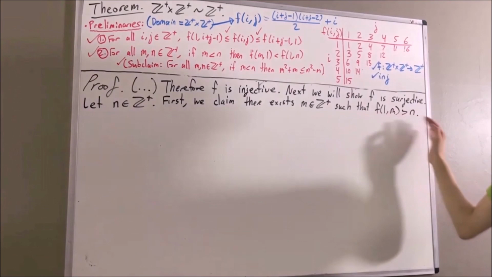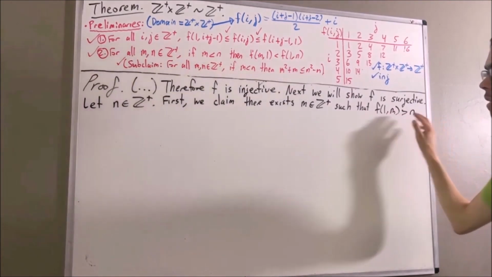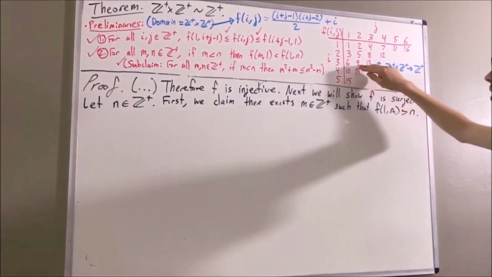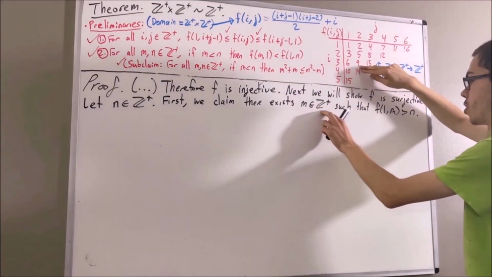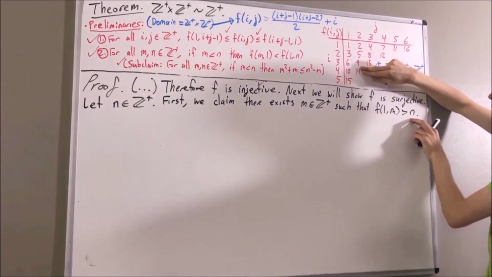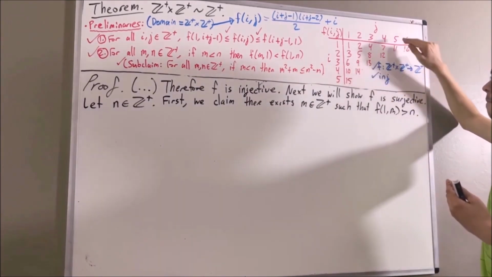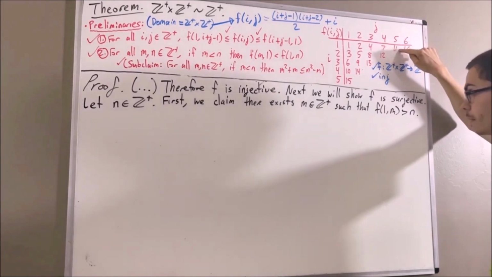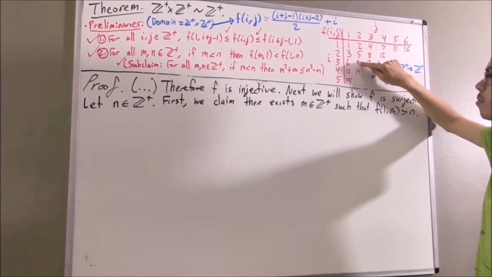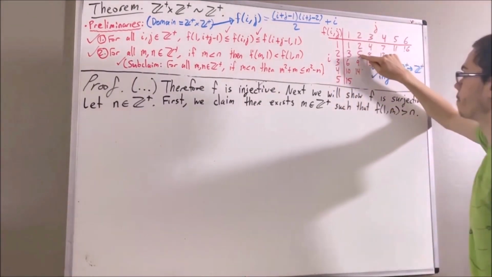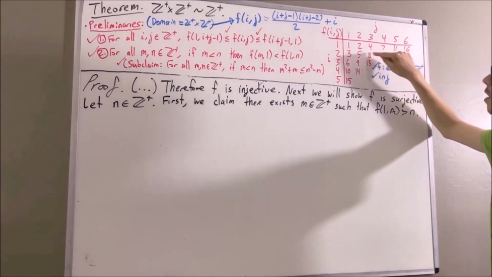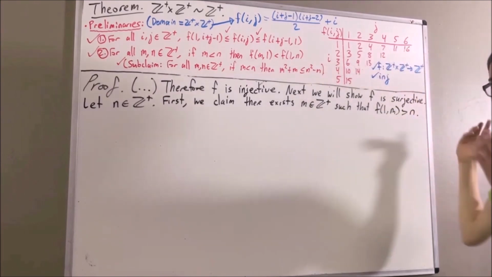Right, and this makes sense because, for instance, if n is equal to 9, then, yeah, there is a positive integer m such that f of 1 comma m is greater than n. Namely, 5, right? Because f of 1 comma 5 is greater than 9. Similarly, if n is equal to 5, then f of 1 comma 4 is greater than 5. Right, and that's the idea.